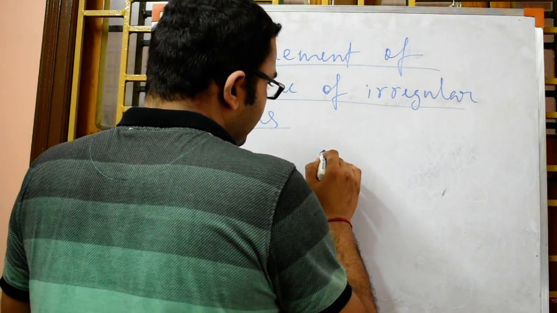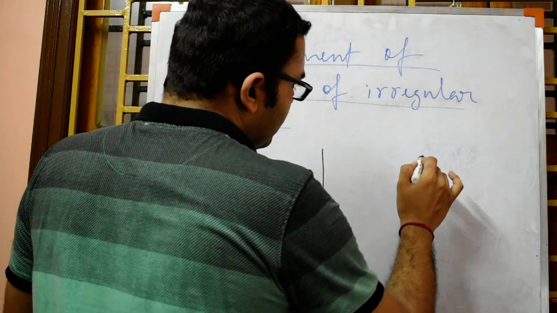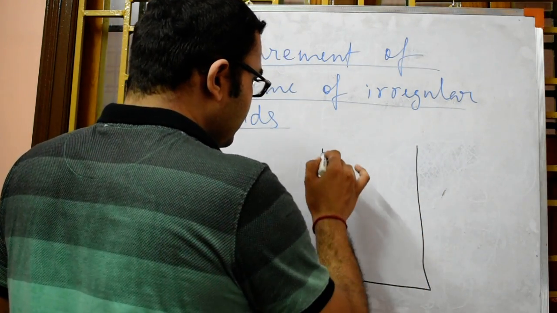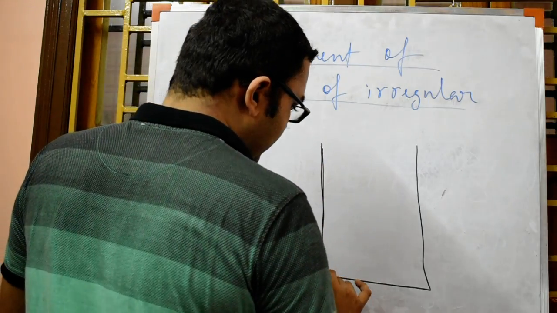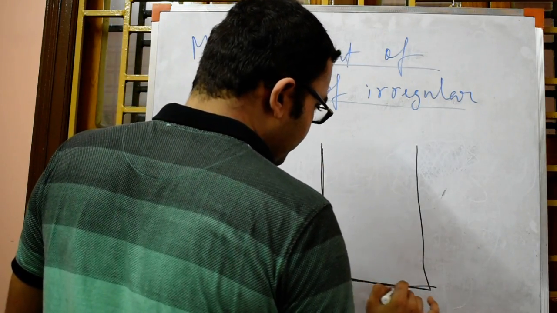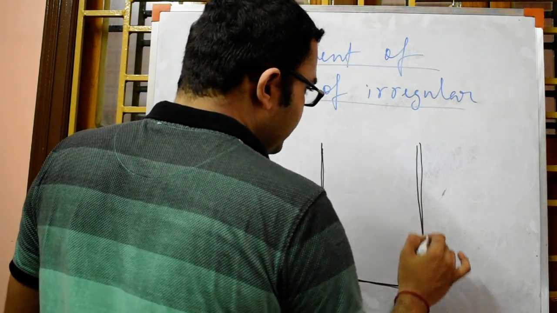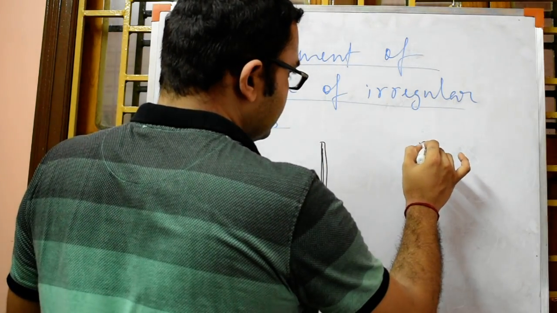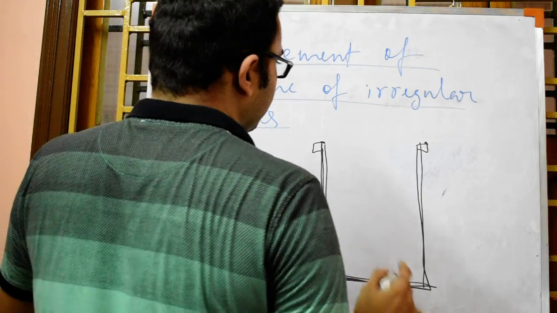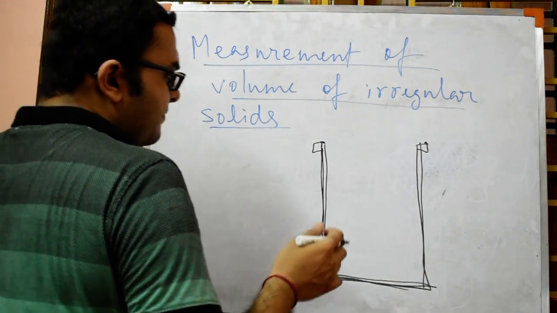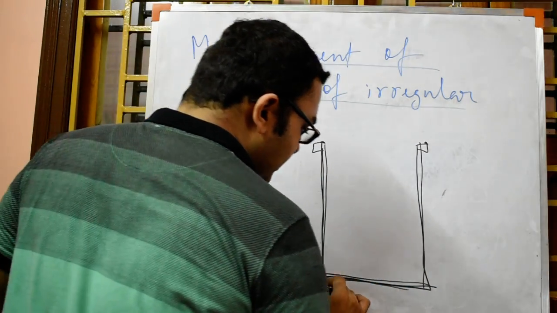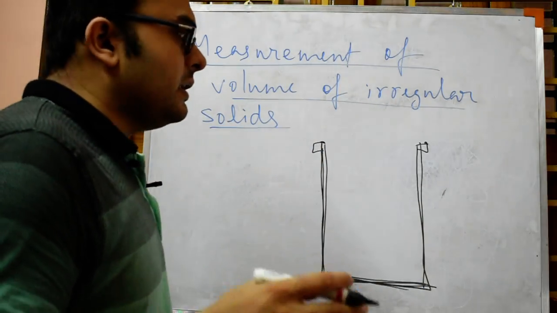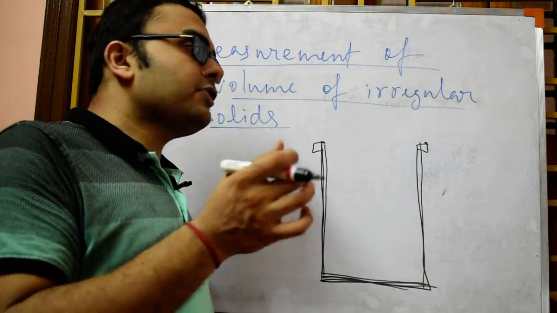In order to measure the volume of irregular solids, we need a graduated beaker. So now you will be thinking, what is a graduated beaker? Let me clear it to you. It is nothing but a simple glass container, but it has certain graduations on it.